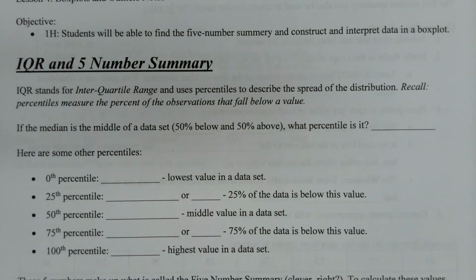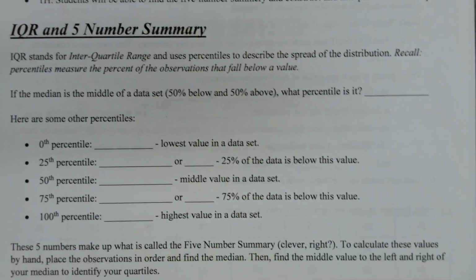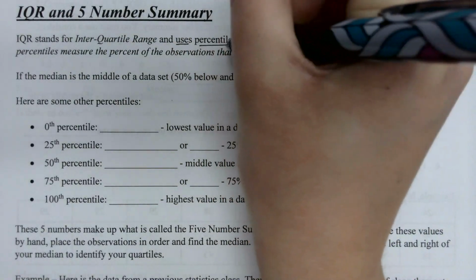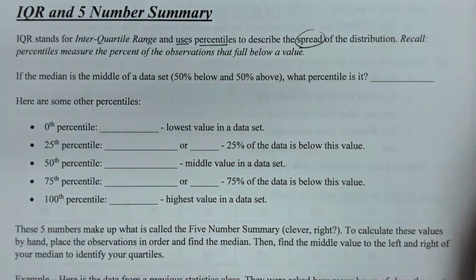So first of all, let's figure out what IQR actually stands for. IQR stands for interquartile range, and it uses percentiles to describe the spread of the distribution. Now remember, percentiles measure the percent of the data that falls below a value.